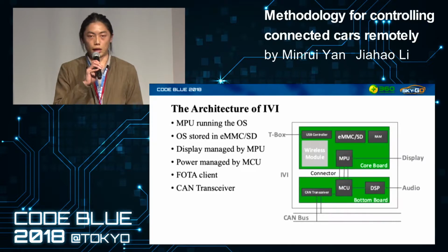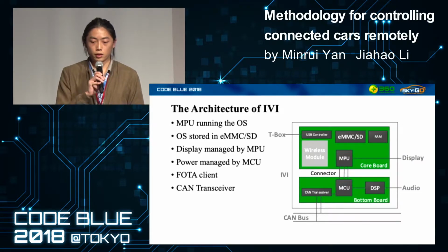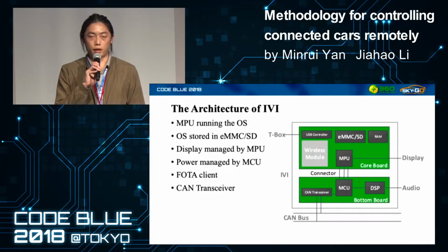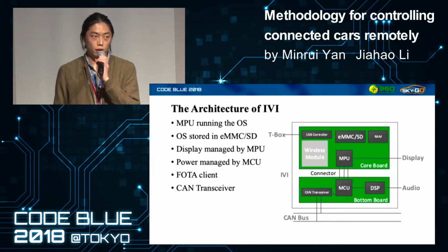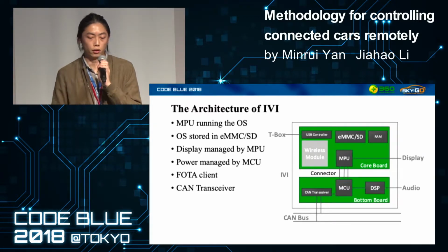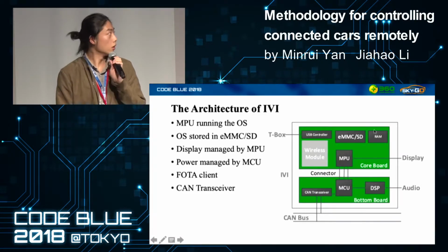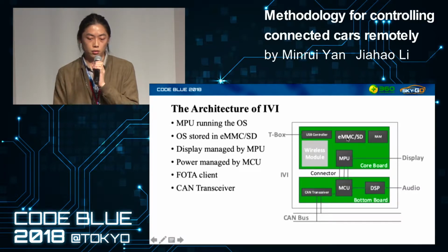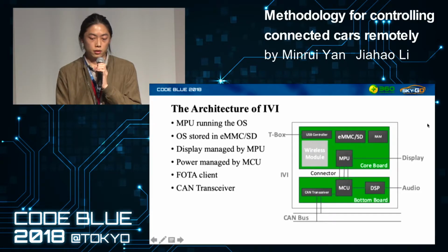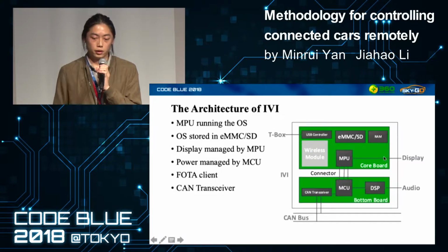This is the architecture of the RVI. The inside of the RVI is divided into two parts. The operating system runs on the MPU of the core board. This is the core board. And the eMMC usually contains the operating system. The display is managed by the MPU, and the power is managed by the MCU on the bottom board.